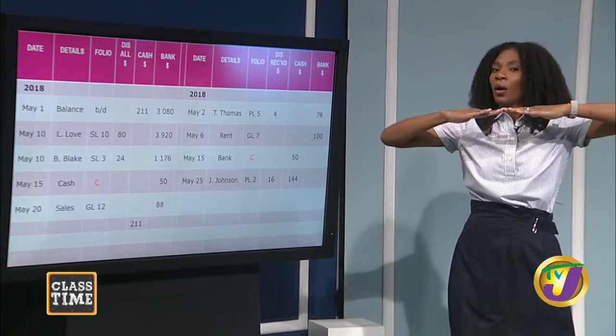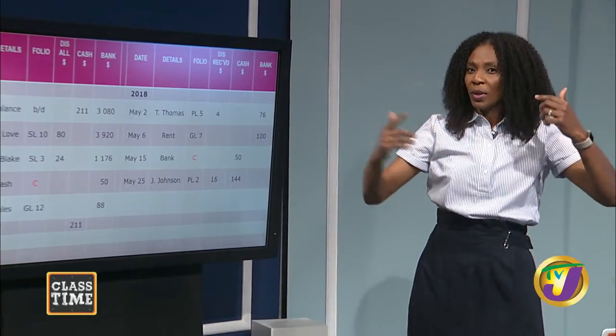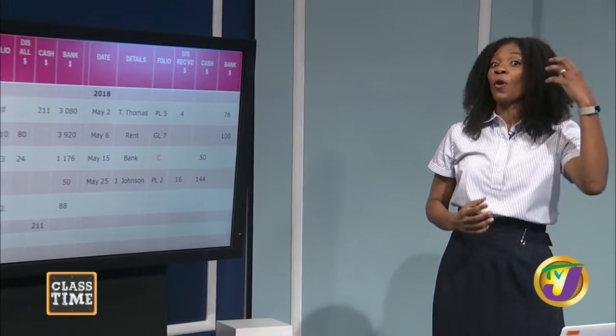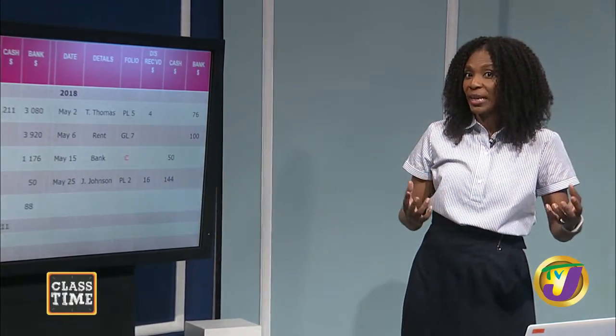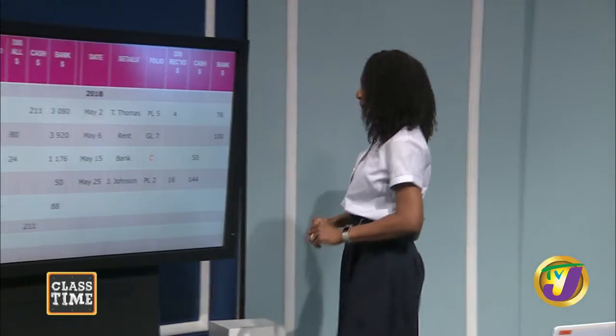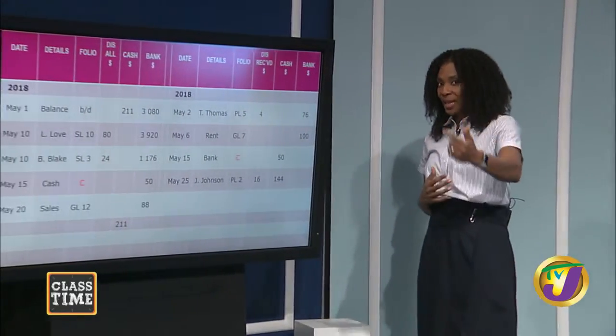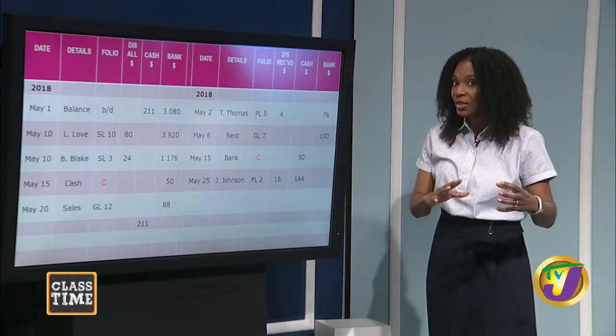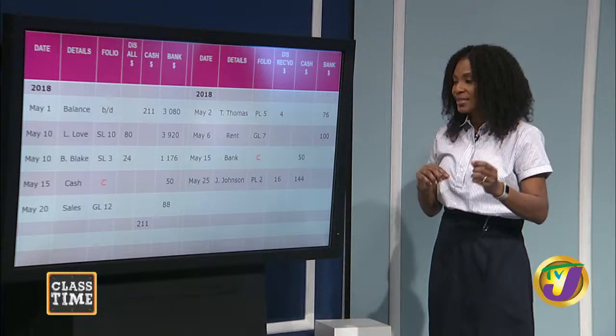What would I do? Good. I'll subtract the smaller total, which is 194, from the larger total, which is 211, and I'll get $17. Now, step 3, I'll record the difference, which is $17, on the smaller side.